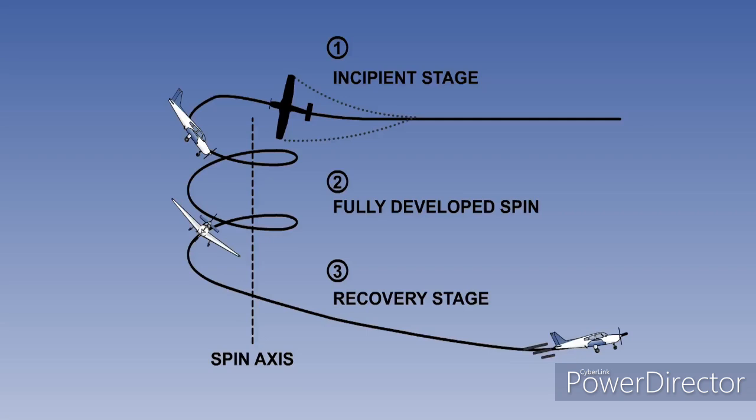The asymmetry of lift increases as the aircraft yaws towards the low wing, accelerating the outside wing and decelerating the inside one. The aircraft is now said to be in the self-sustaining state of autorotation. As with any stall, the nose will drop, and as inertial forces take effect, the spin usually stabilizes at a steady rate of rotation and descent.